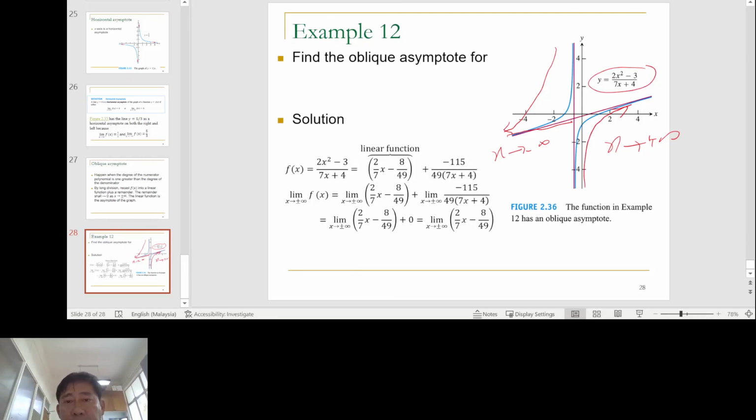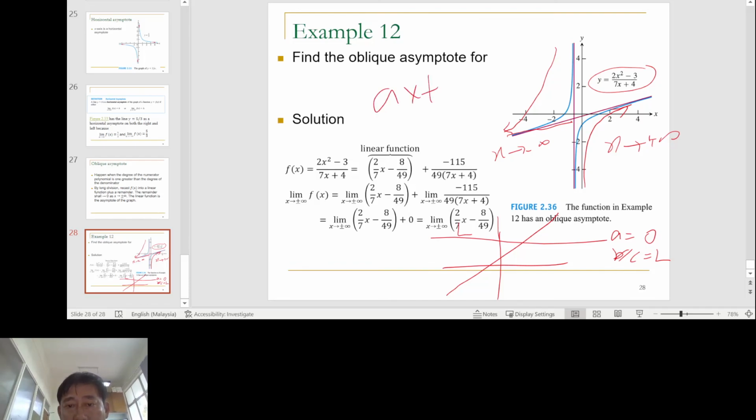Okay, so an oblique asymptote is a line which is a generalization of a horizontal asymptote. A horizontal asymptote is basically an asymptote where the slope is 0 and the value of b equals the value of the horizontal asymptote, where a and b refer to ax plus b. That is the formula that represents the oblique asymptote.